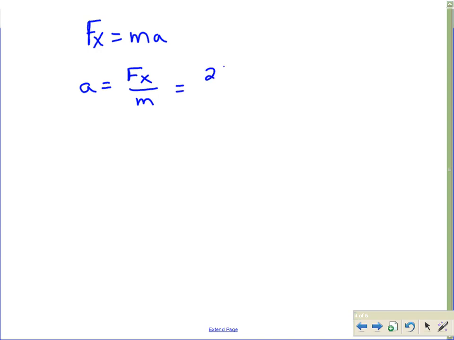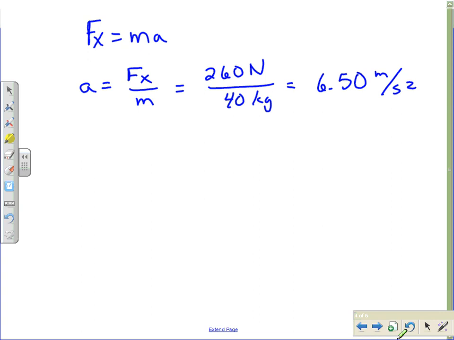We calculated Fx to be 260 newtons. Our mass is still 40. And we have an acceleration of 6.50 meters per second squared. And that's our acceleration when we hold the rope 30 degrees above the horizontal.